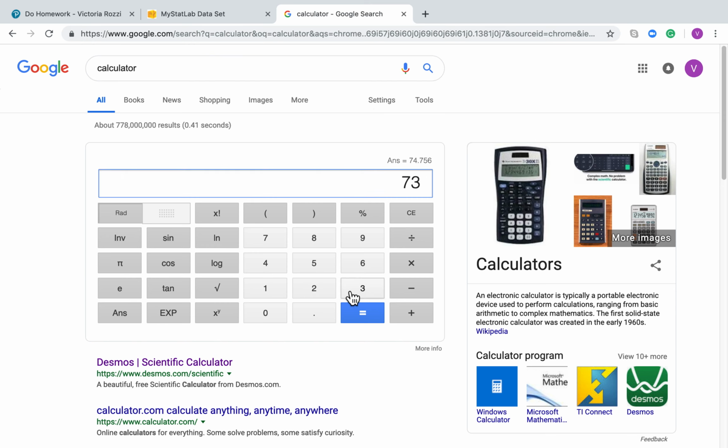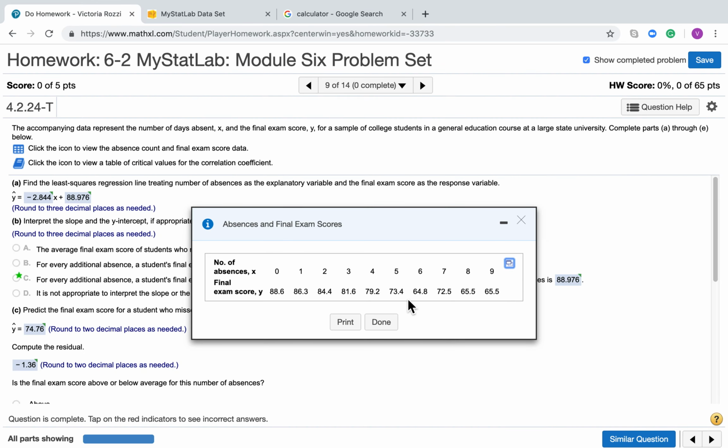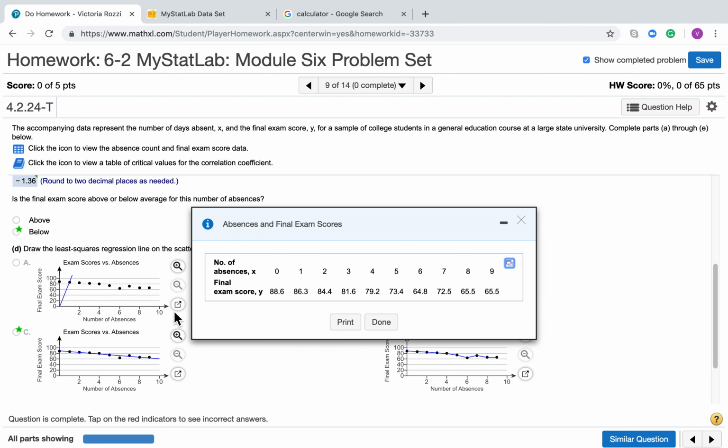So 73.4, minus my answer, so I'll just type it in again. And that's where they're getting the negative 1.356. So it's just the distance from the observed score to the predicted score. So take your observed, which is the one in the data table, minus the predicted, which was the one we got here. Okay? Now they want to know, is the final exam score above or below average? Well, because this residual is negative, it's below. If it had been positive, it would have been above.